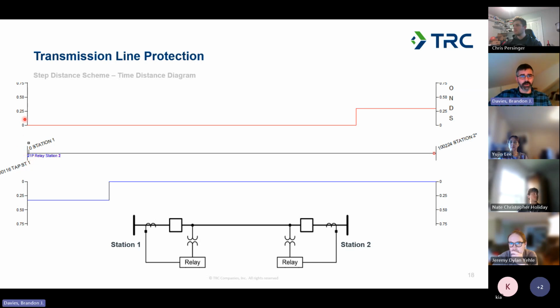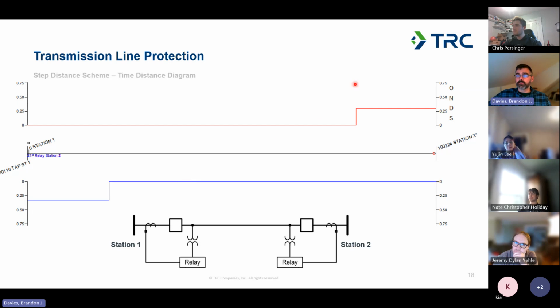So in this case, we've got the two relays, one plotted above and one plotted below. These are both the same relays looking into the same line. And you can see how this step distance scheme provides pretty good coverage for transmission faults. And it's going to do fairly fast clearing.